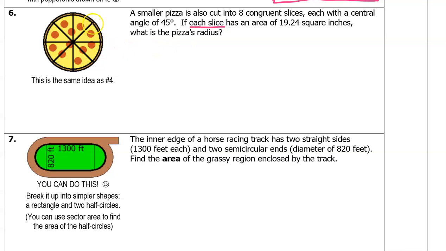Just focus your eyes on a single slice of pizza. That is a sector. So here's the formula for the area of a sector. We know that the area of a sector is some fraction of the total area.